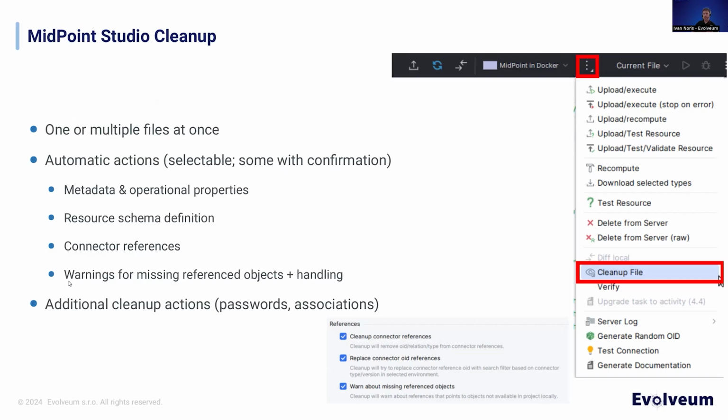And also, if you are cleaning a file which contains references to other objects by OIDs, and you don't have these objects in your repository yet, it can show you warnings, and you can even do handling, but I will show you that in a minute. Additional cleanup actions are the password and associations, but we will get to them.